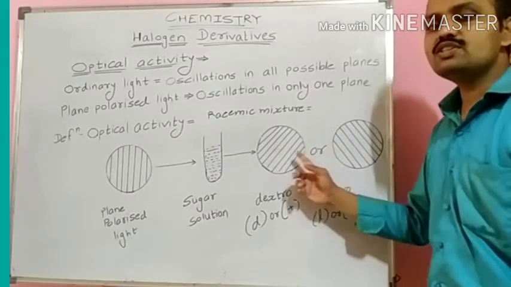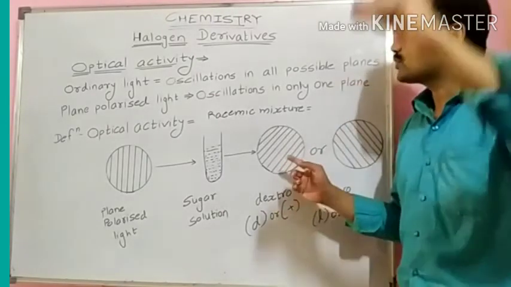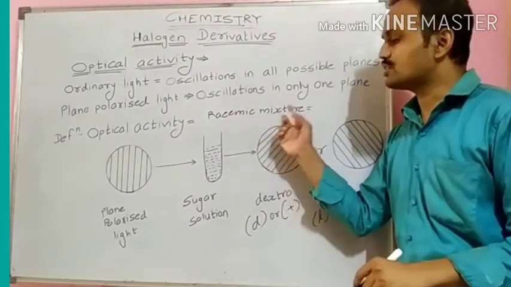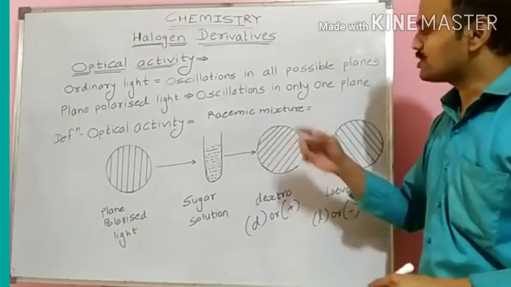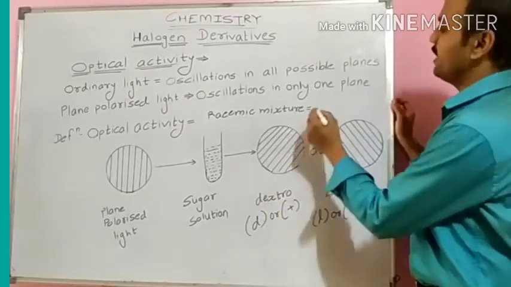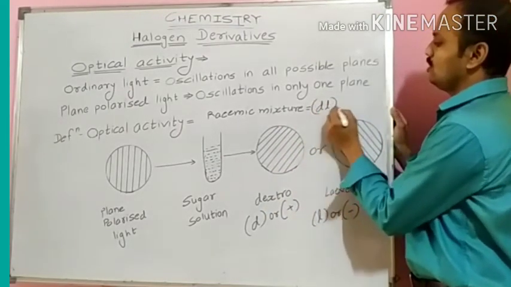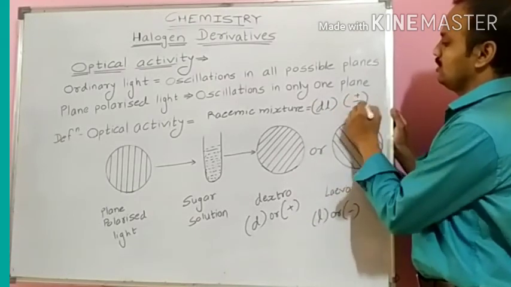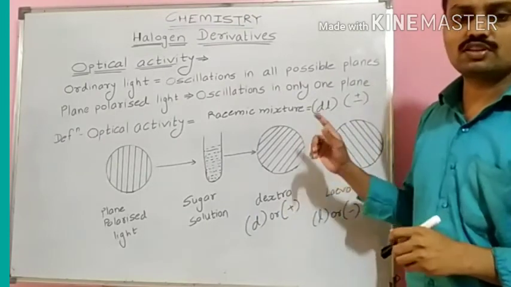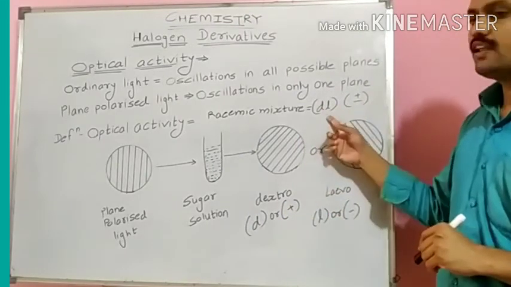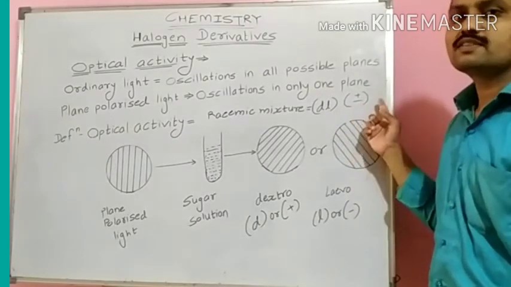Therefore, each other's effect gets cancelled, and in the end the racemic mixture is optically inactive. Racemic mixture is denoted by DL, dextro and levorotatory, or plus minus sign in brackets.